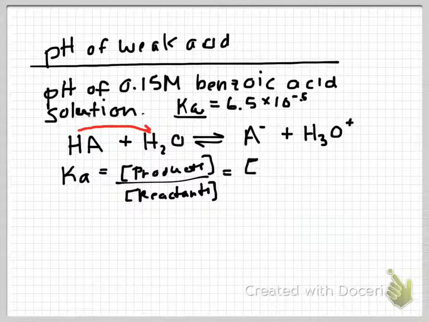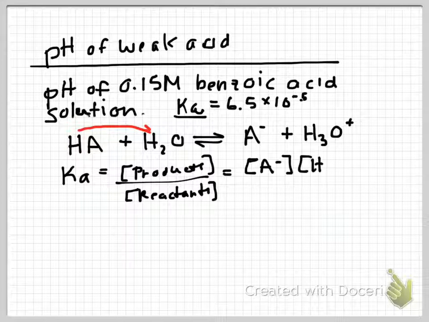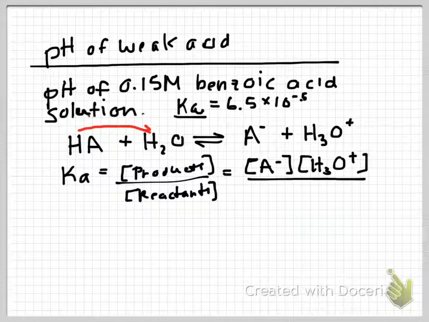We can write that as A minus, our conjugate base concentration, times the concentration of our hydronium ion, all over the concentration of our weak acid.